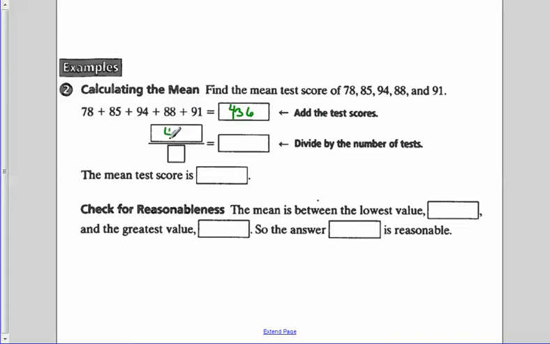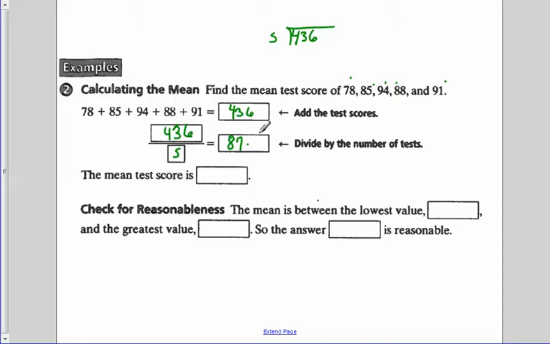And then we divide by the total number of tests, or the total number of items added. So I've got 436, and I had 1, 2, 3, 4, 5 tests that I added. So 436 divided by 5, we could work this out. 436 divided by 5. And in the end, we're going to get 87. But it's not going to come out as a whole number, and we don't do remainders anymore.